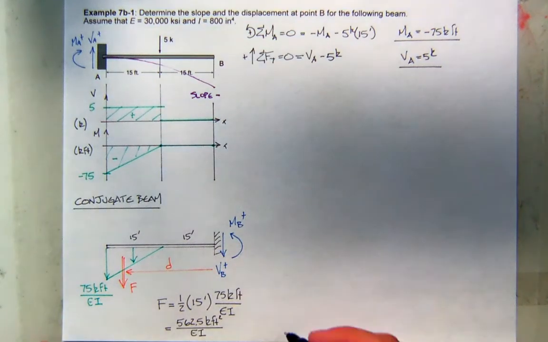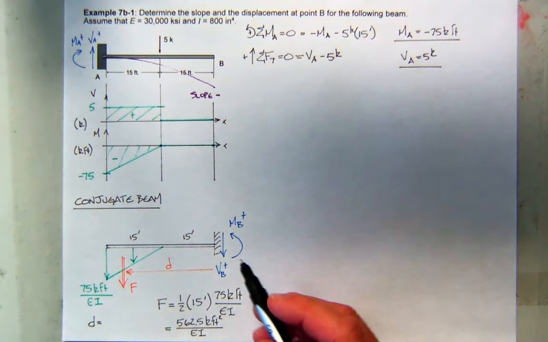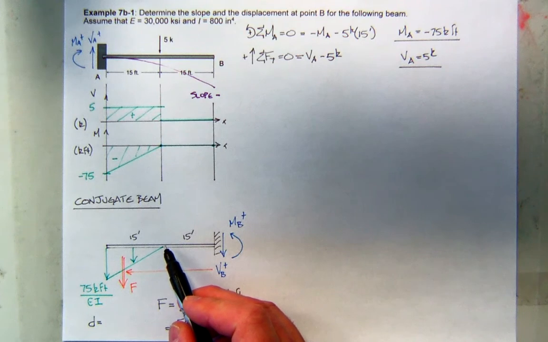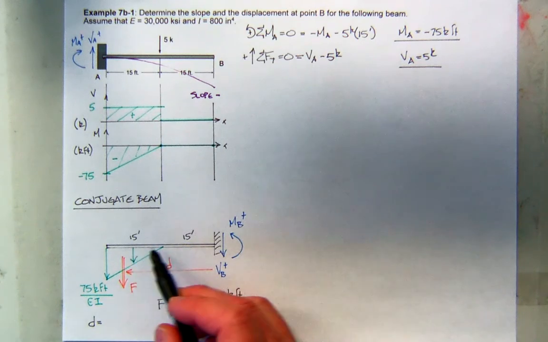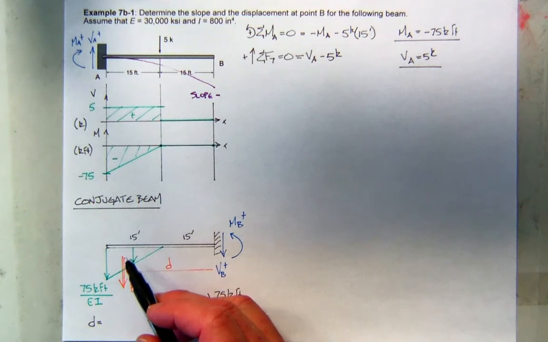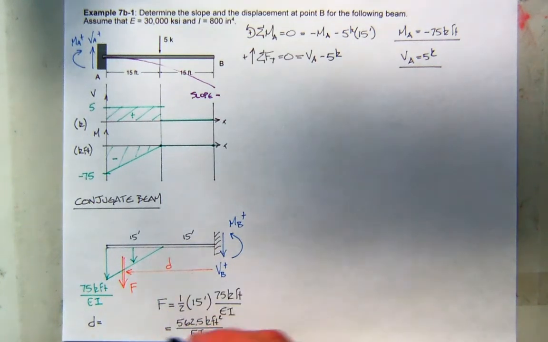And then what would be D? Well, from here to here is 15. And then from here to the centroid is what? Well, how far is this right here? It should be 2/3 of the bottom. 2/3 of the bottom is 10. So it should be 15 plus 10. Right? So it should be 25.